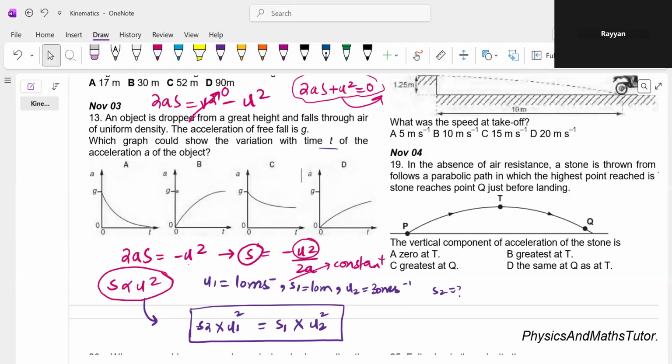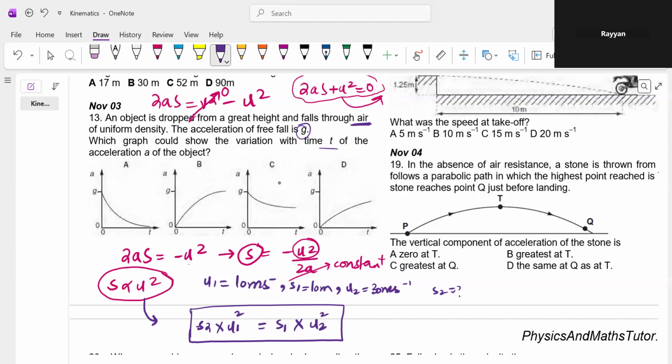They are saying an object is dropped from a great height and falls through air of uniform density. It was at a greater height and it started falling, so it means acceleration will decrease. Why? Because they're saying it falls through air of uniform density. The acceleration of free fall is g. Which graph could show the variation with time t of the acceleration of the object? But if it falls from a great height, then shouldn't the acceleration increase at first?